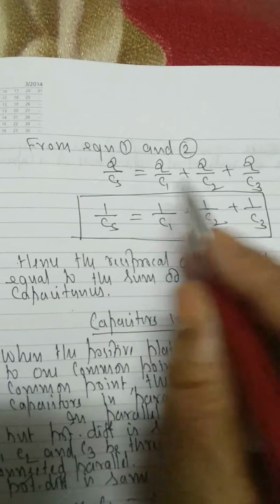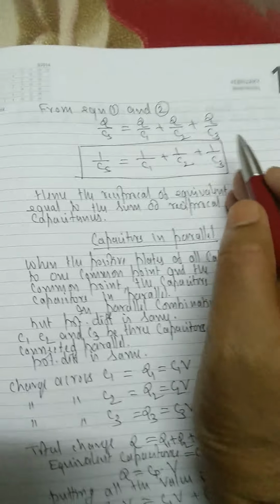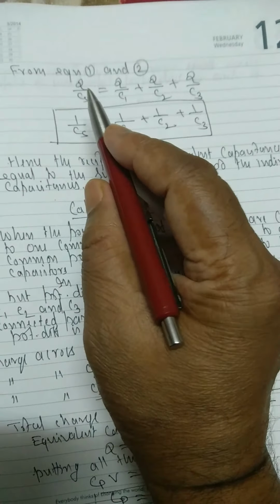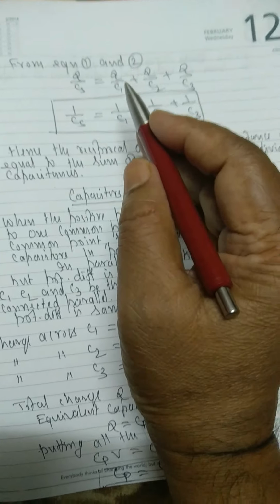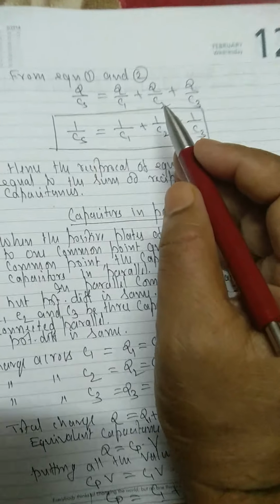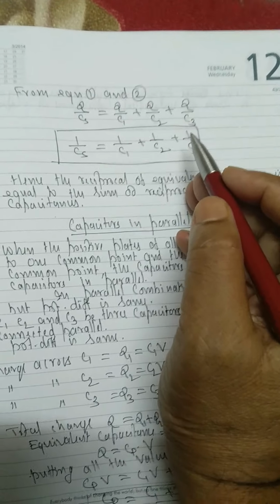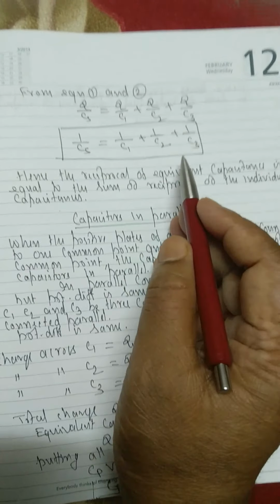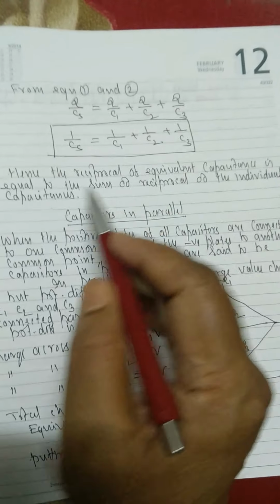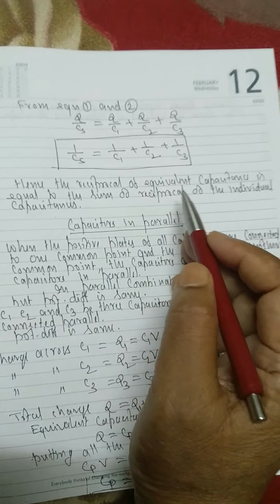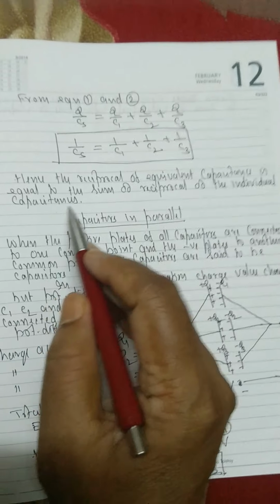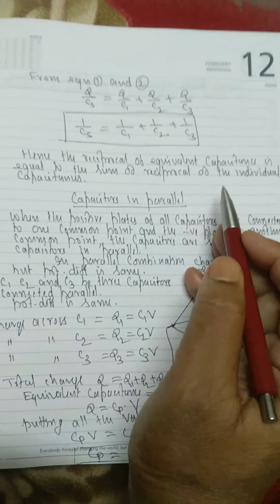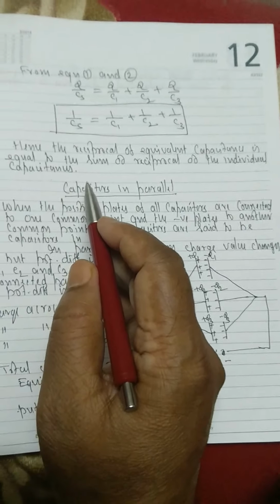From equations 1 and 2, we get Q by Cs equal to Q by C1 plus Q by C2 plus Q by C3. So 1 by Cs equal to 1 by C1 plus 1 by C2 plus 1 by C3. Hence, the reciprocal of equivalent capacitance is equal to the sum of the reciprocals of the individual capacitances.